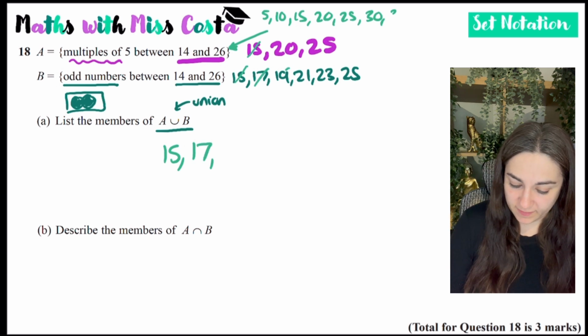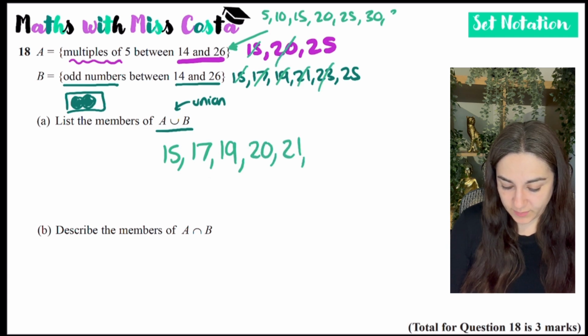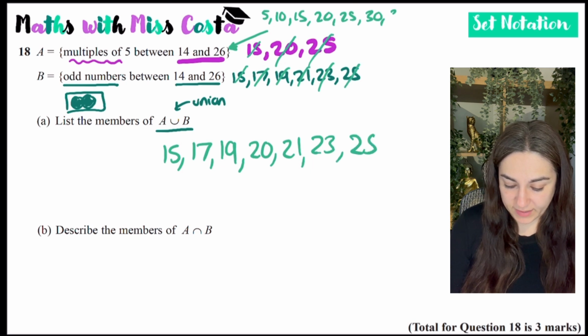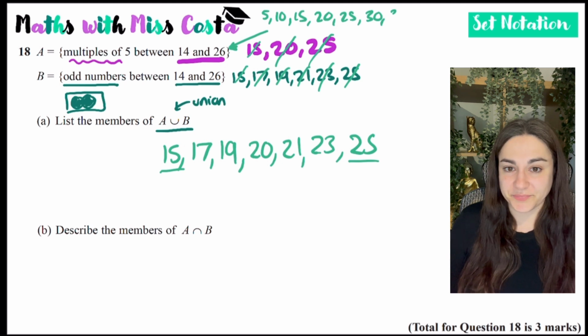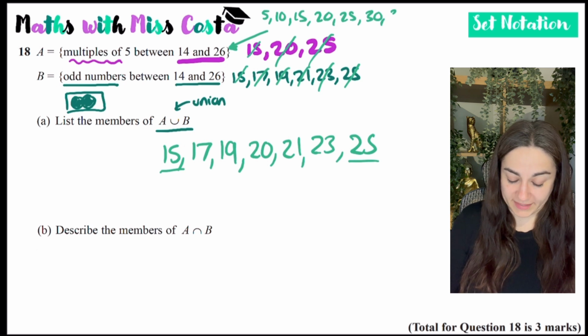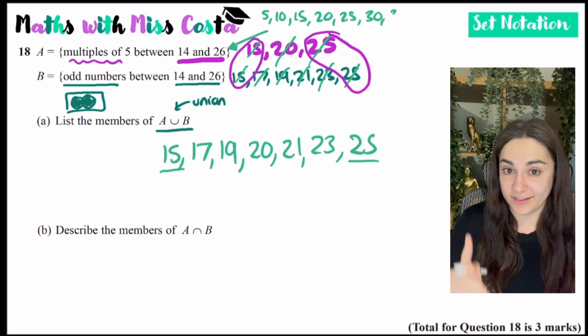So you've got 15, then 17, then 19, then 20, then 21, 23, and finally 25. So I only have to write 25 and 15 once because there's no point in writing them twice. I don't want to double down on myself. So 15 appears in both of them and 25 also appears in both of them. I only need to write that once.